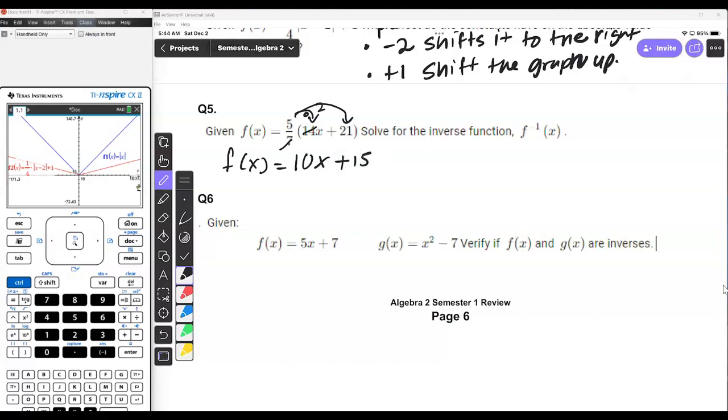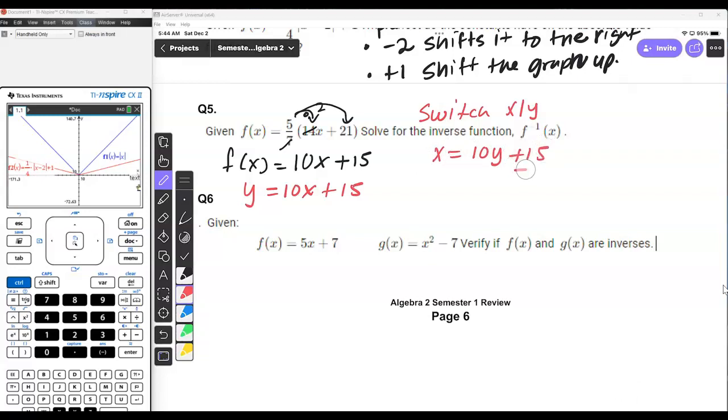Now to find the inverse, remember that you're going to rewrite it as y equals 10x plus 15. And to find the inverse, you have to switch the x and the y variable. So you have x is equal to 10y plus 15.